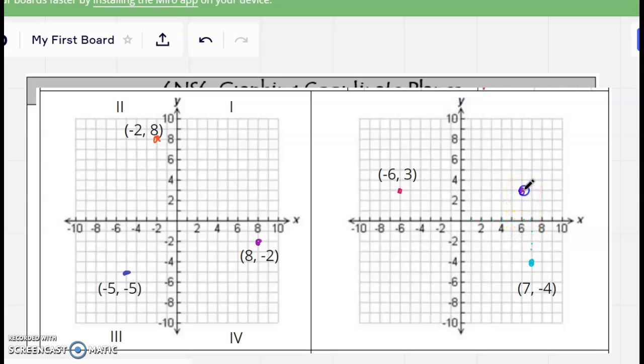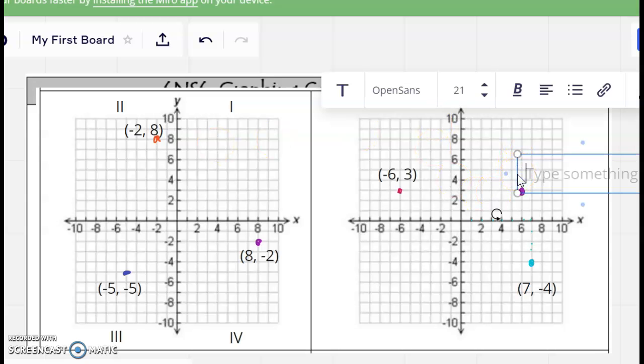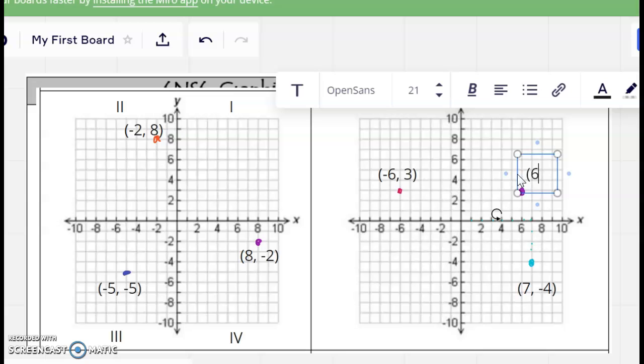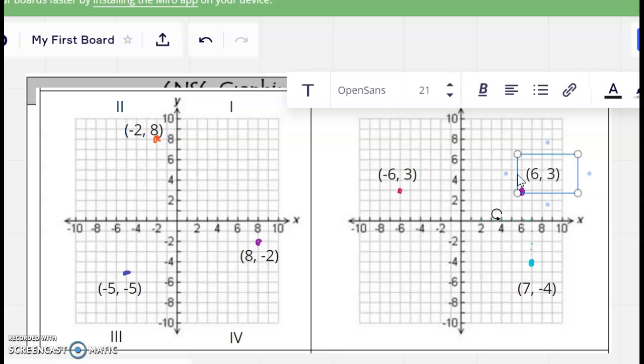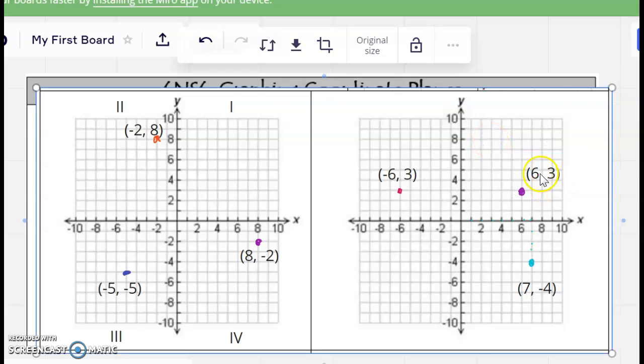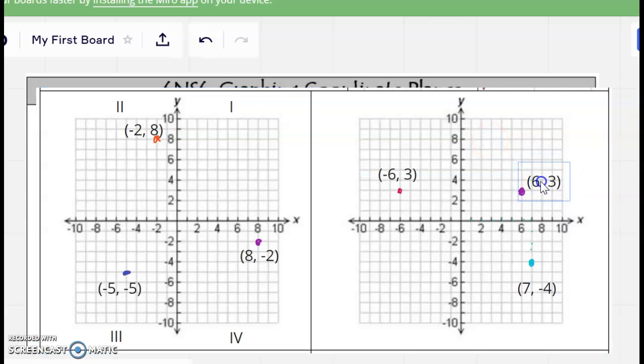And this point here, the purple point, is the reflection of negative 6, 3, and it comes at positive 6, 3, because we reflected over the y-axis.